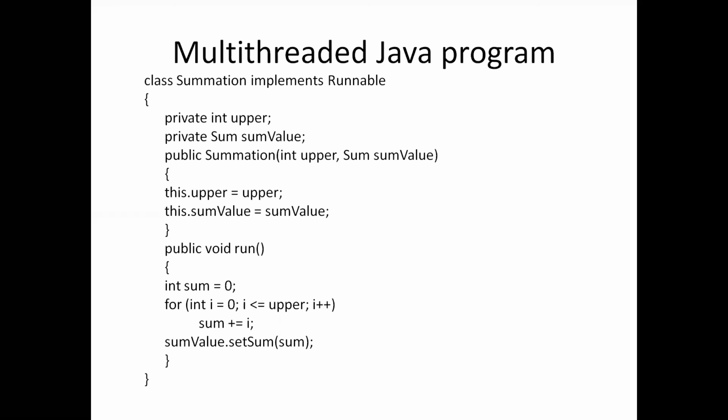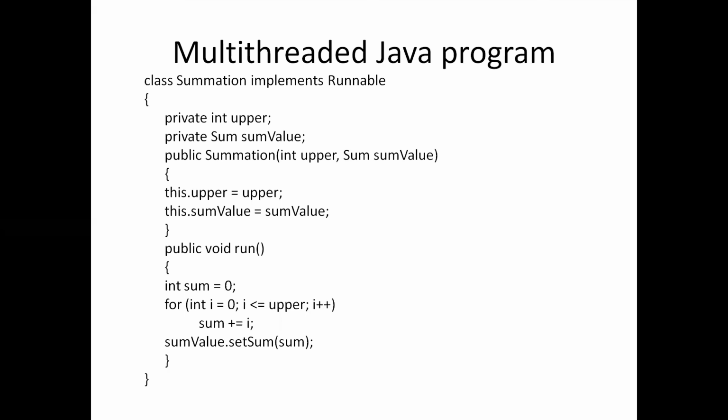Why are we creating a Sum class object? To access the getSum method and setSum method, which are in the Sum class. To access them, we create an object for the Sum class, as sumValue.